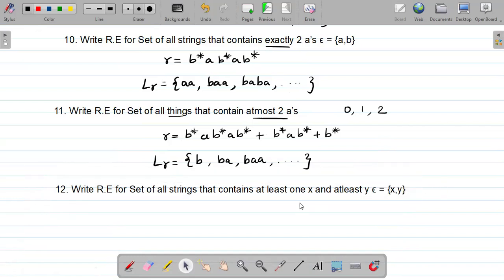You can have that combination as well. So the solution will be different. So it can have one X and one Y.